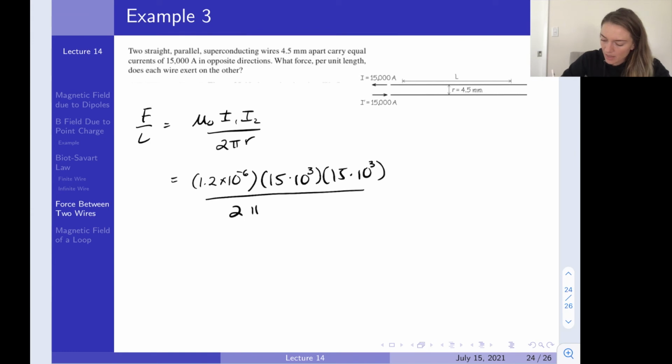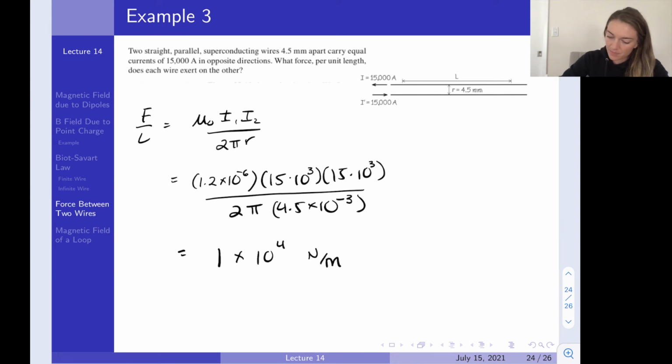And then we have 2 pi, and the distance between them is 4.5 times 10 to the negative 3. Okay, and this is the force per unit length. So we can plug that into our calculator, and we get 1 times 10 to the 4 newtons per meter.